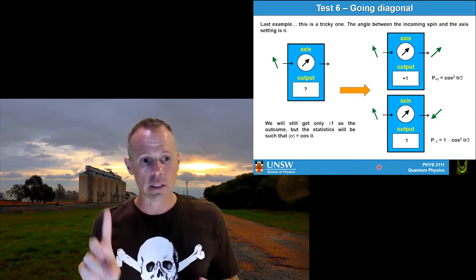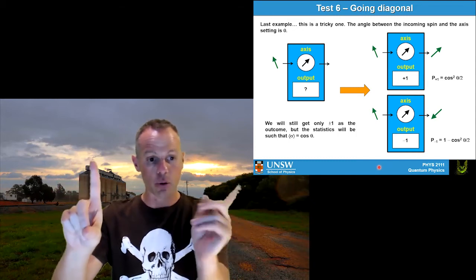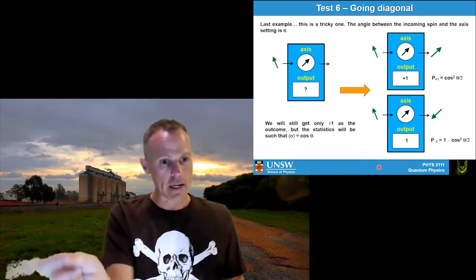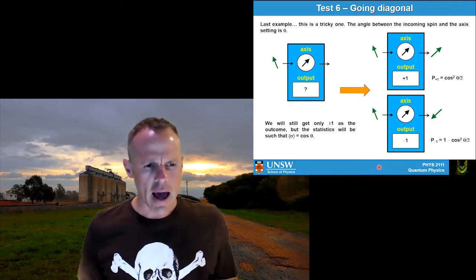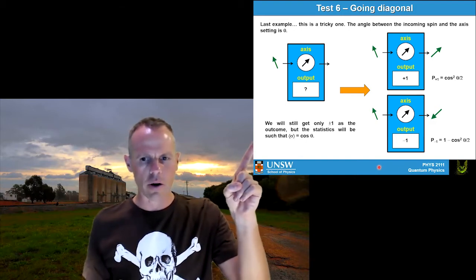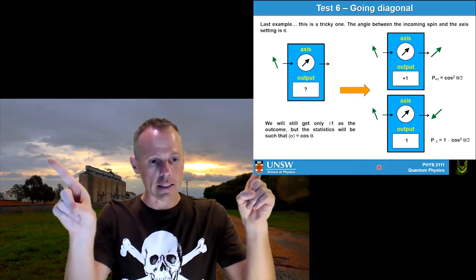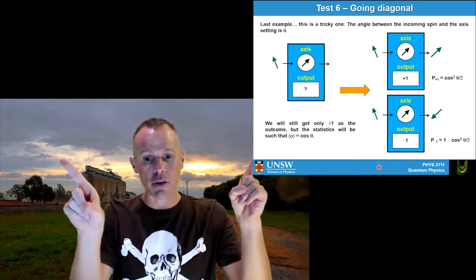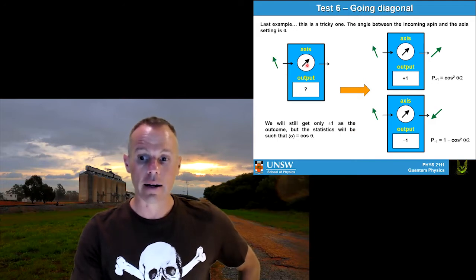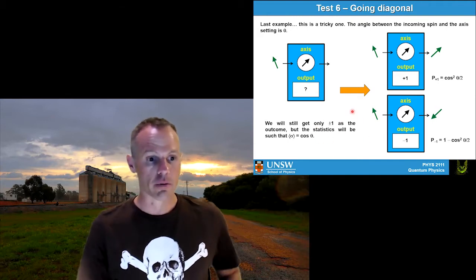You'll remember there we started out looking at what happens if you have your magnetic field along Z and you put all sorts of different spins in, and then we looked along X, and then we looked at repeated measurements of switching X and Z. And then right at the end, we looked at the case where we put a spin pointing along some arbitrary direction in and the measuring apparatus pointing in some arbitrary direction. And I said, we'll come back to this later, but the results depend on the angle between the spin that's come in and the axis that you're trying to measure, okay? And we got these sort of trigonometric relations in here.